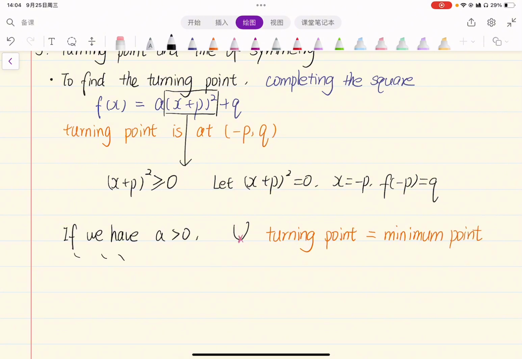If we have a less than 0, so that is a sad face, the turning point is the maximum. Here is a maximum point.